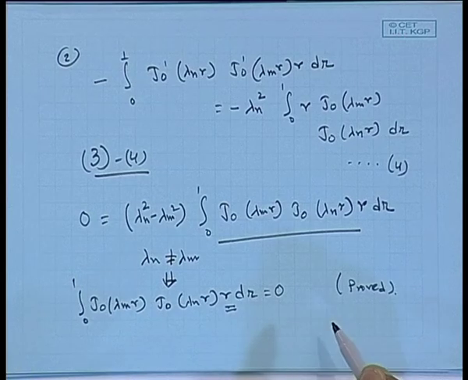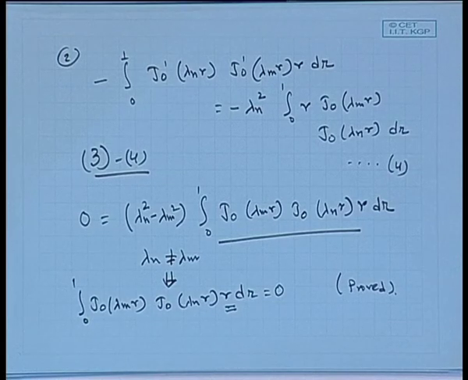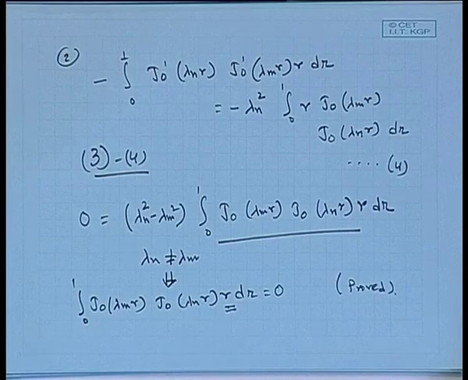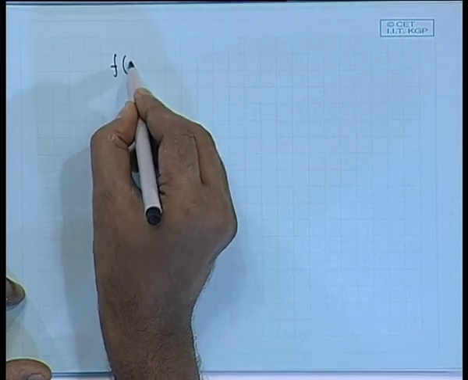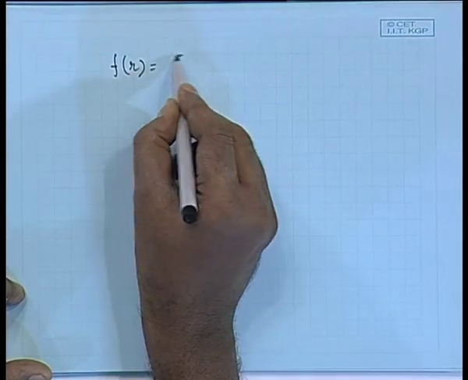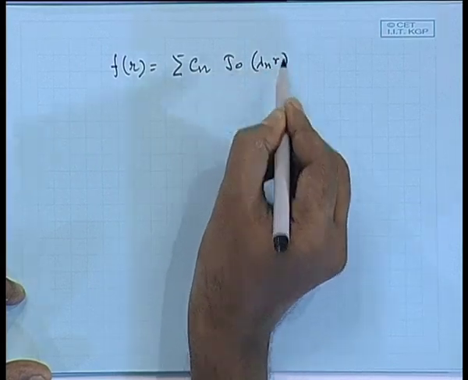Now, using this orthogonal property, you can evaluate the ultimate constant Cn that is appearing in your equation. Now, let us look into that equation. The equation of the function becomes F(r) equals summation Cn J0 lambda n r.